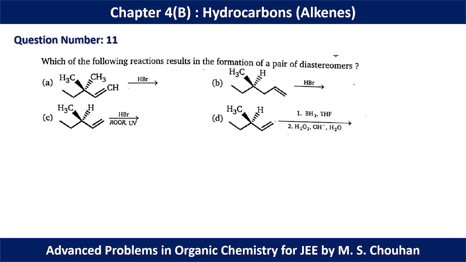In question number 11, which of the following reactions results in the formation of a pair of diastereomers? This is a very tricky question. Basically, you have to find in which case you don't have a chance of rearrangement, okay, or you can simply go for the reaction mechanism like this, okay. So I am discussing the mechanism like this.